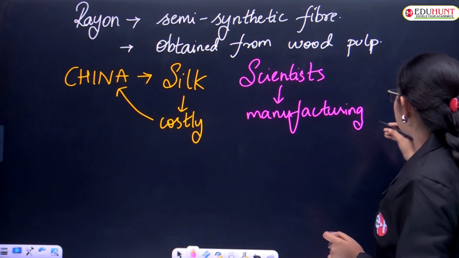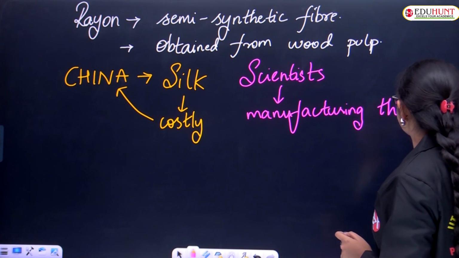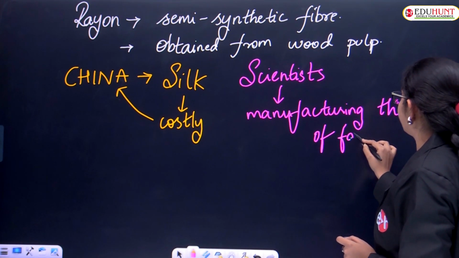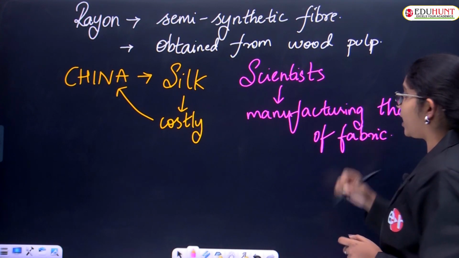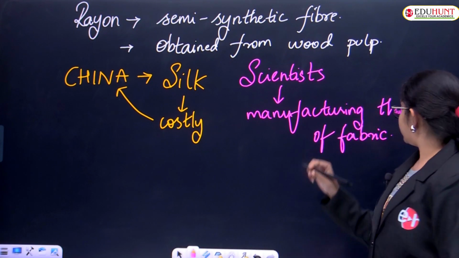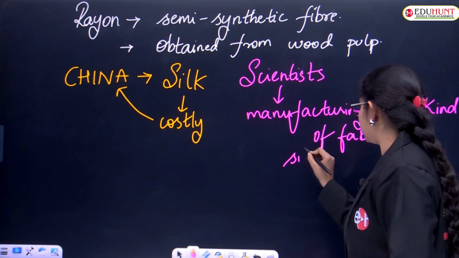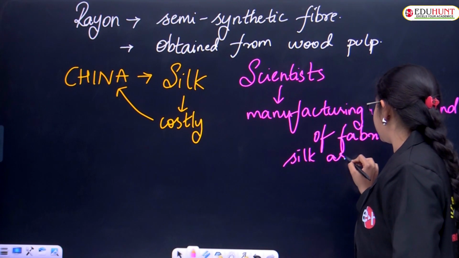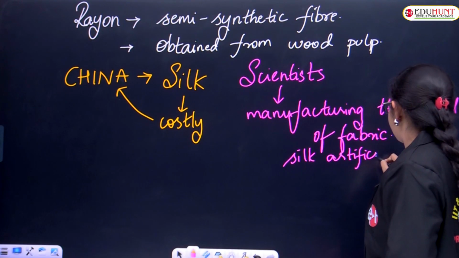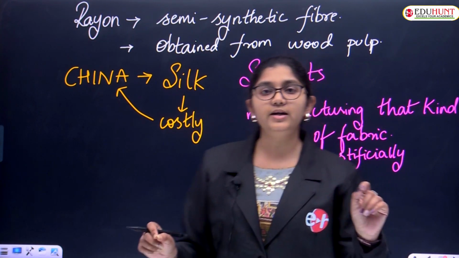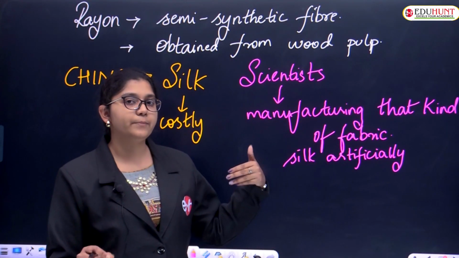They started manufacturing silk artificially. So they started manufacturing that kind of silk fiber, but artificially.